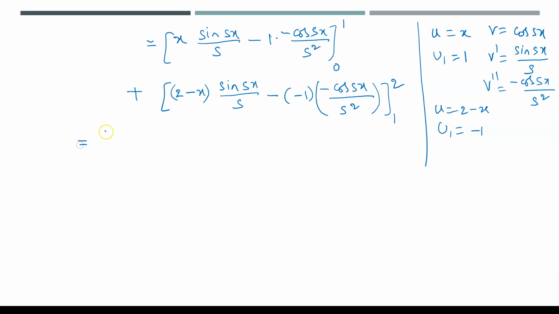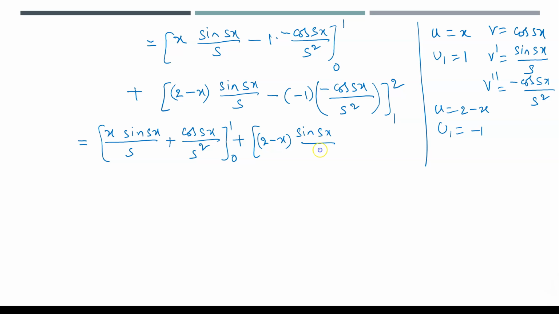Now let us simplify this. x sin sx upon s plus cos sx upon s square under the limits 0 to 1, plus (2 minus x) into sin sx upon s minus cos sx upon s square under the limits 1 to 2.